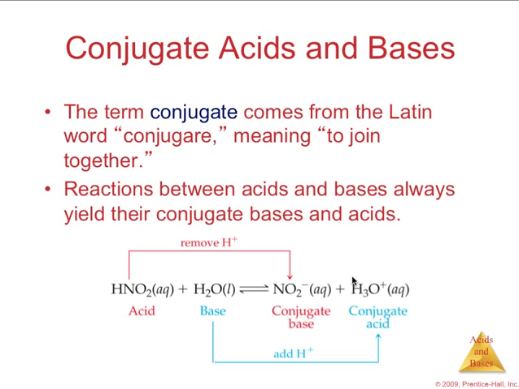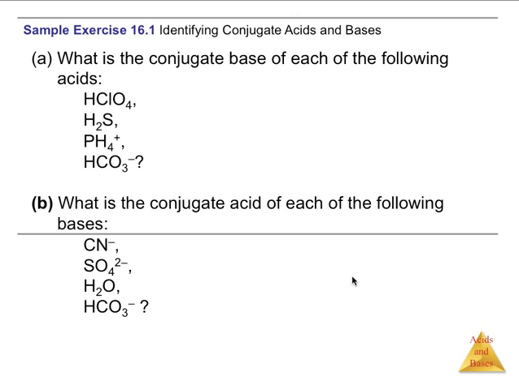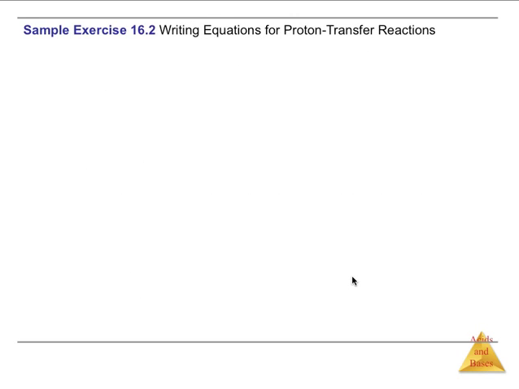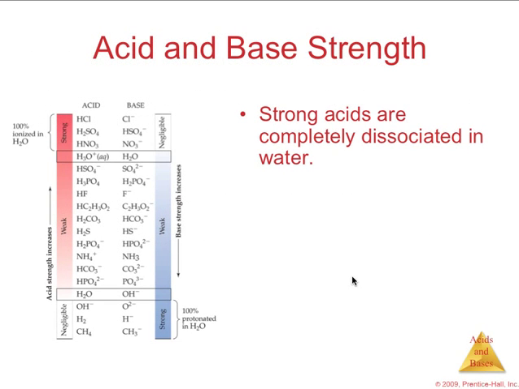Reactions between acids and bases always yield their conjugate bases and acids. Okay, we're going to identify this in class, and we're going to be writing those in class as well. You should have them done for class.